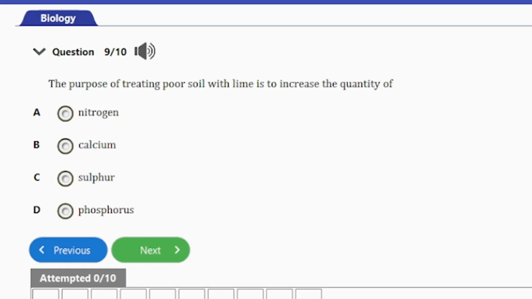The lime neutralizes the acidity of the soil and improves its structure. Calcium is an essential nutrient for plant growth, and that's why we need to increase the quantity of calcium. So that's it for that question.